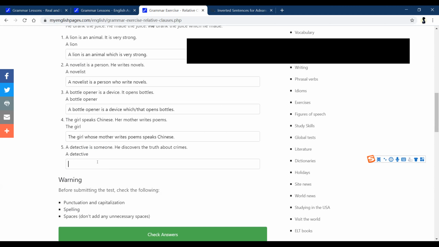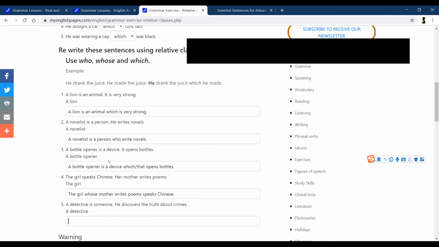It's kind of hinting you very obviously. So a detective is someone, and this someone discovers the truth about crimes. So the key question here is to ask you to use the introducing words we said before to refer to the detective, which is someone.